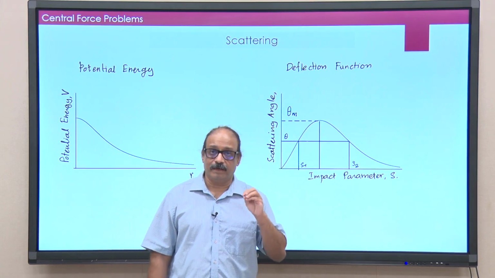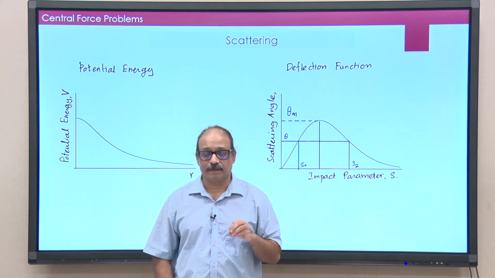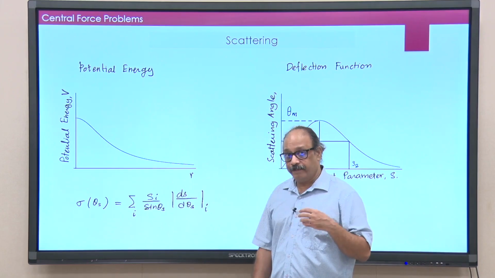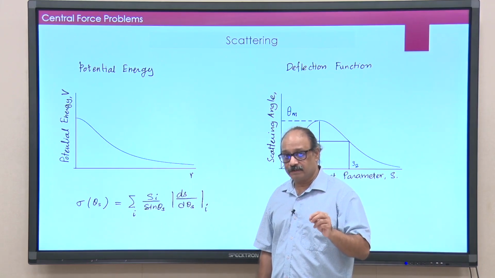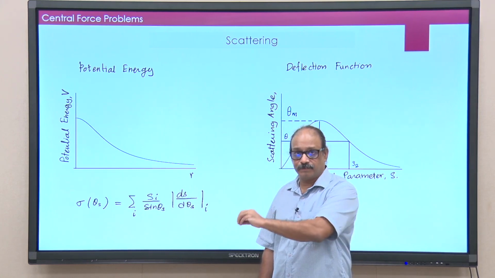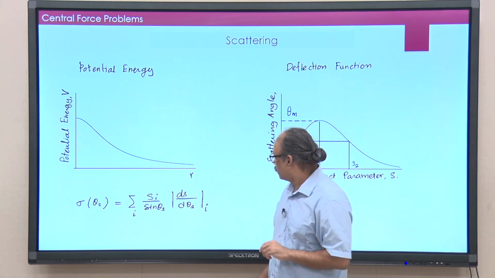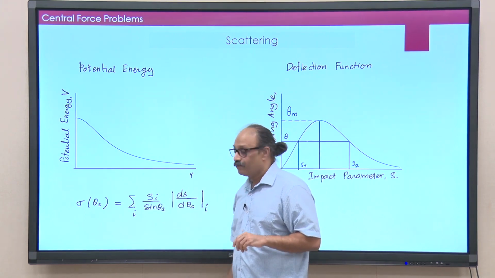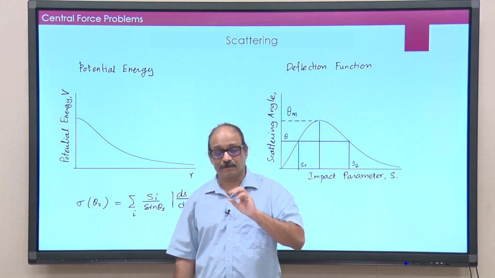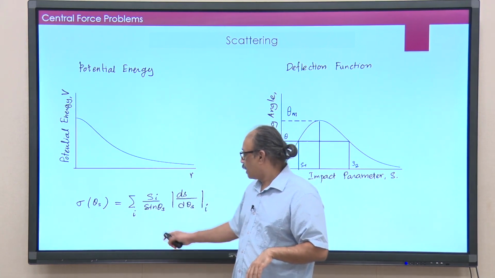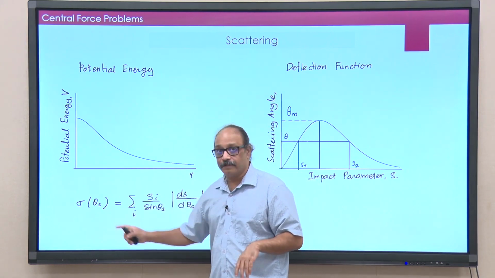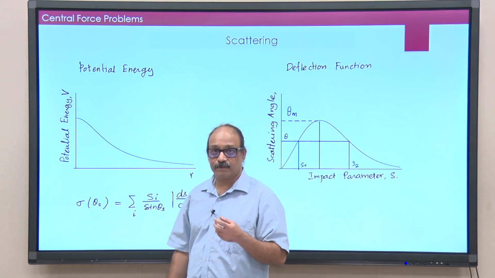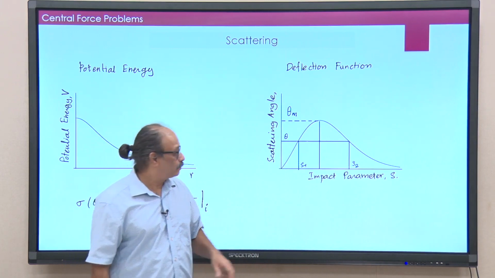Remember, when I was calculating the scattering cross section using a formula here, I made that assumption that one s, one impact parameter gives you one theta, one deflection. Now, since we have more than one s values which go into the same solid angle, I need to take a sum over. So, here is of course a function which is 2:1, 2 impact parameters result into one angle.